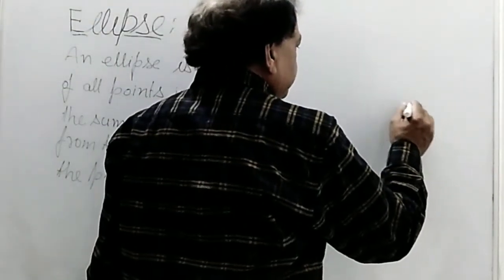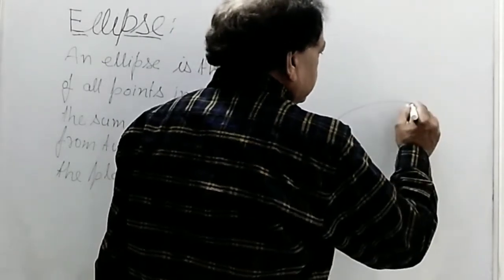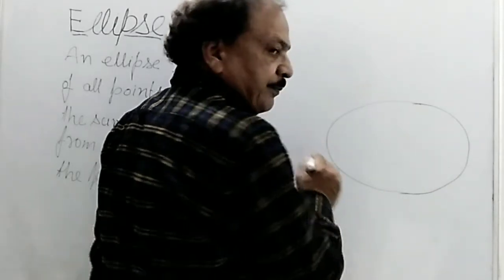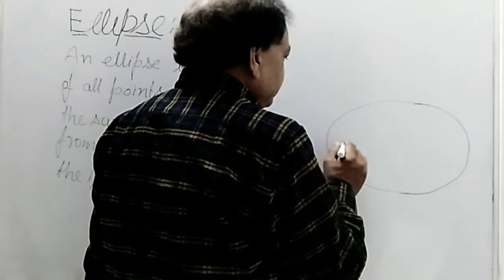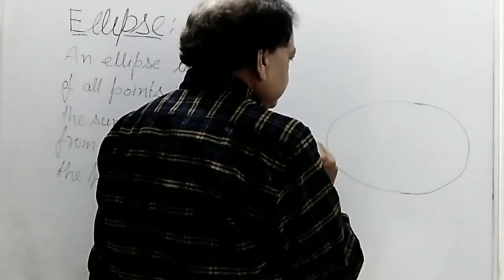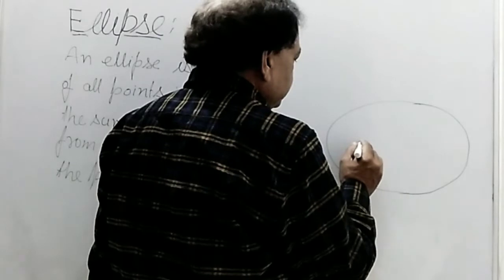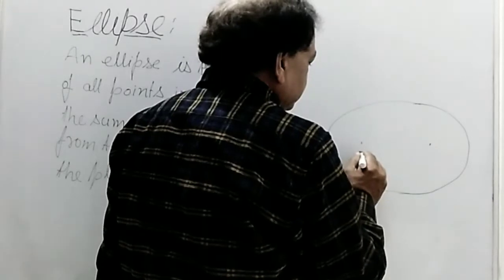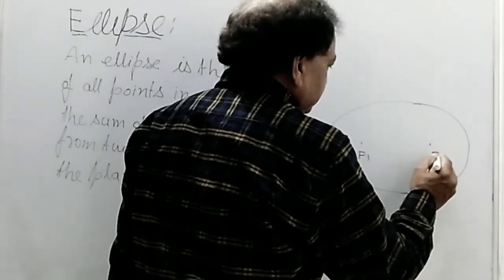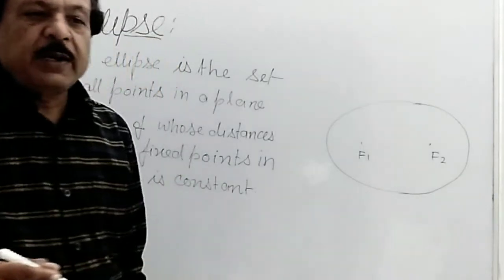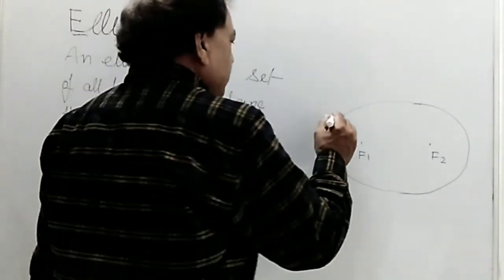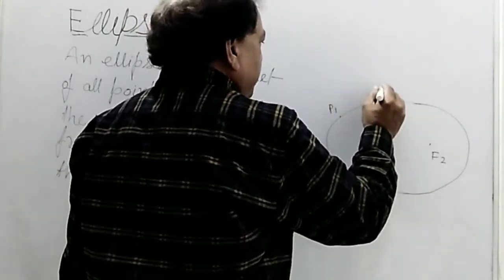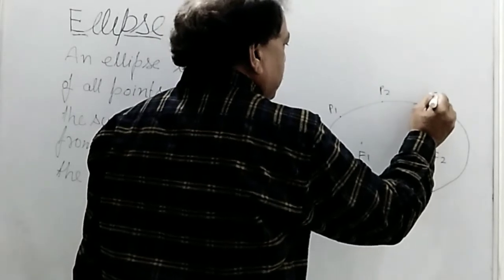Now we consider in this way: two fixed points F1 and F2, and let the points be P1, P2 and P3.